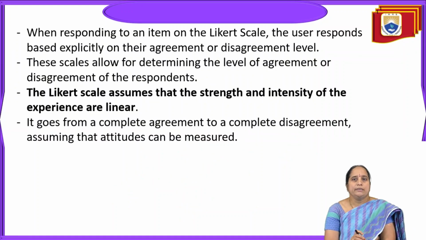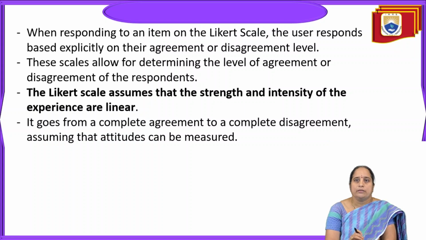When responding to an item on a Likert scale, the user responds based explicitly on their agreement or disagreement level. So this type of scale gives us only the opinion of people towards a particular product or brand.